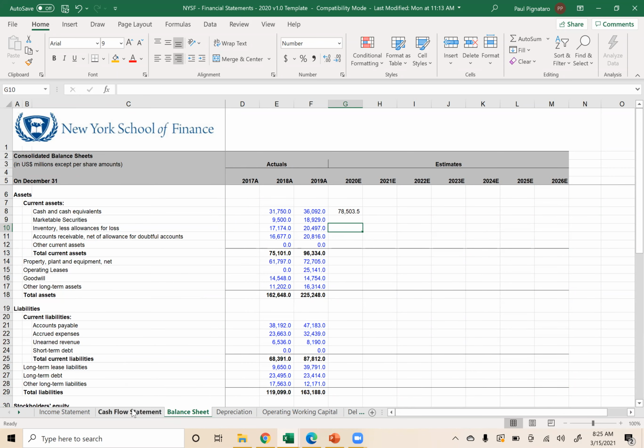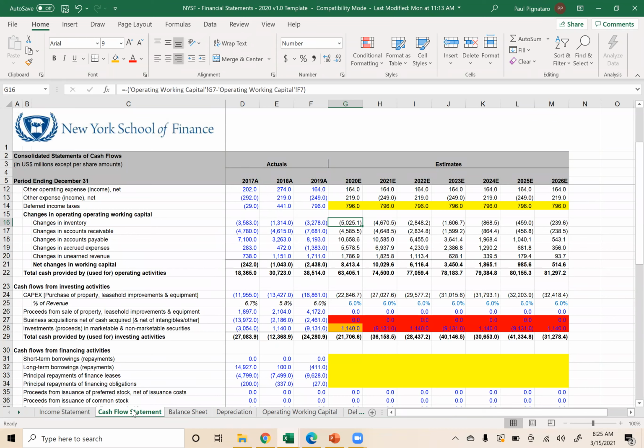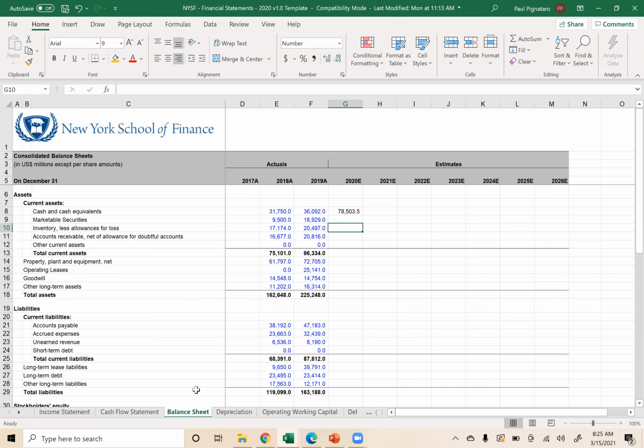Now, the question is, in which way? If I were to have spent, say, minus 5 billion in inventory, would my inventory go up or down? My inventory is going to go up. I've purchased inventory. I've built inventory.